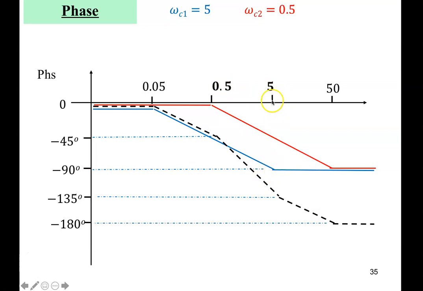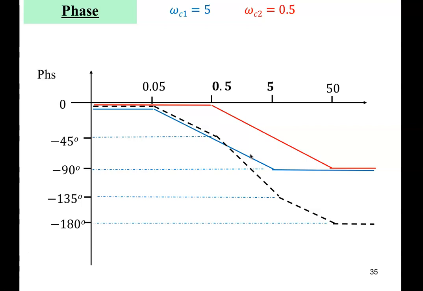And that's here. And you start there with minus 90 degrees. Above that, you're going to get minus 90 degrees. And then you connect up. So here, the red line is for G1. The blue line is for G2.